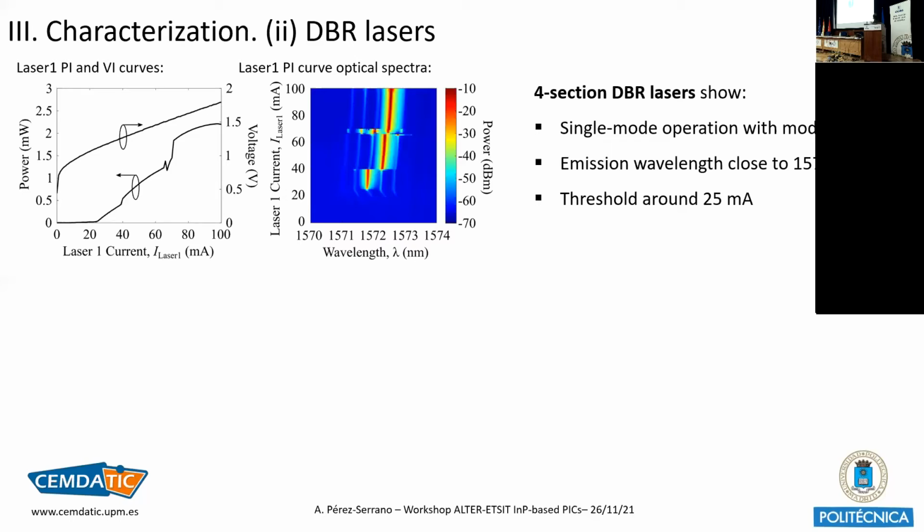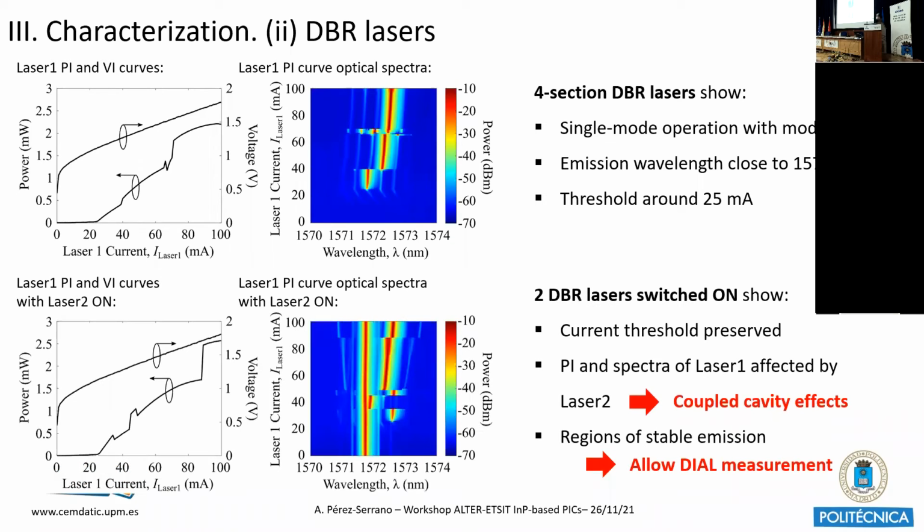The good thing is that the emission wavelength is close to 1572, and we have a threshold around 25 milliamps. This is one of the lasers, in this case I think it's laser 1, and all lasers are working more or less the same way individually. The thing is when we put two lasers at the same time.